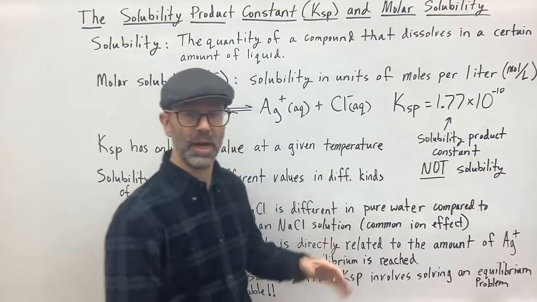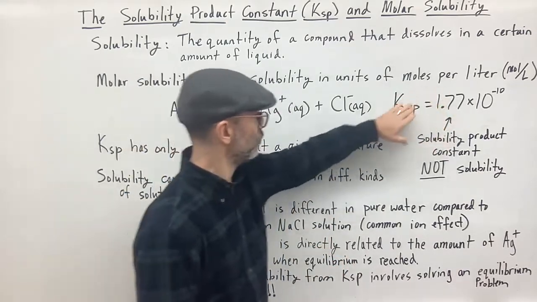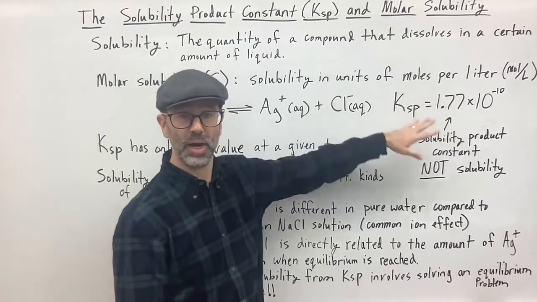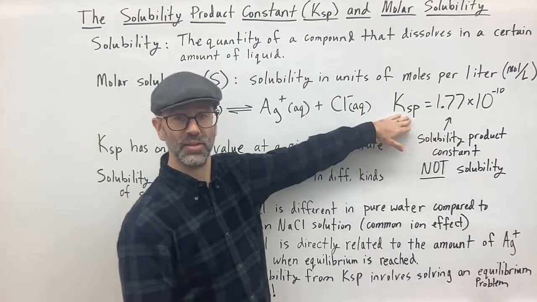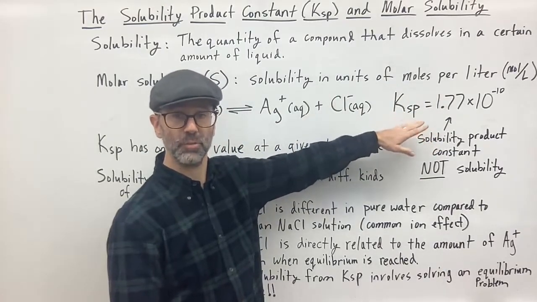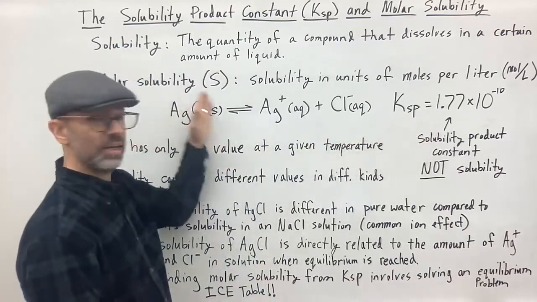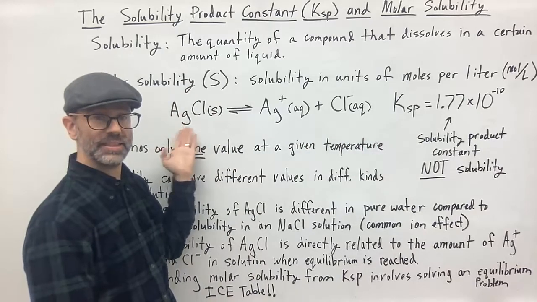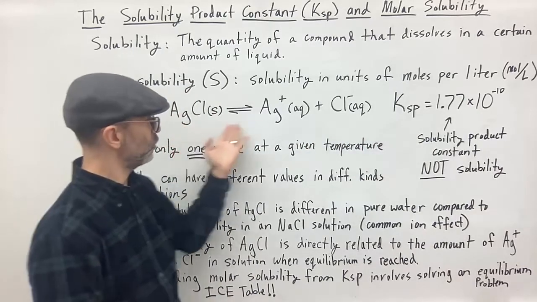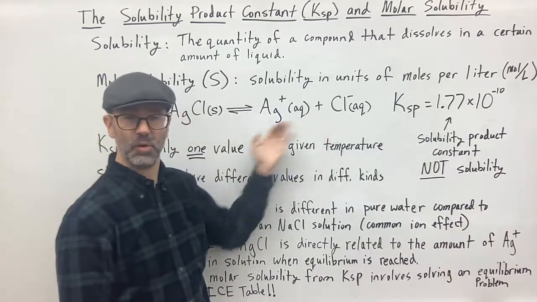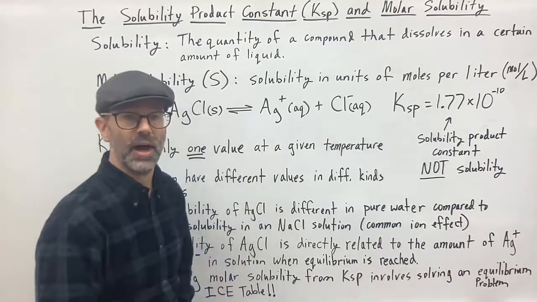And it's an equilibrium constant. So this tells you how far to the left or right your equation is, and you can see that this is very small, right? That means that the reactant, or in this case the solid, is favored. So you can see that this is not going to dissolve very much.